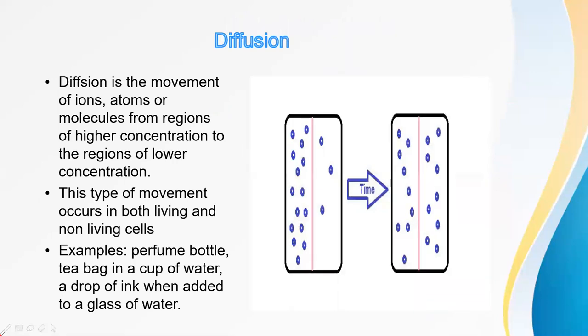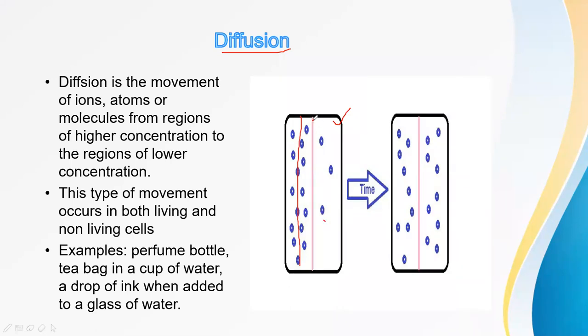We can call this diffusion a simple diffusion. Diffusion is the movement of ions, atoms, or molecules from regions of high concentration to regions of low concentration. Here in this picture on the right hand side, this part has a high concentration of molecules and this part has a low concentration of molecules.